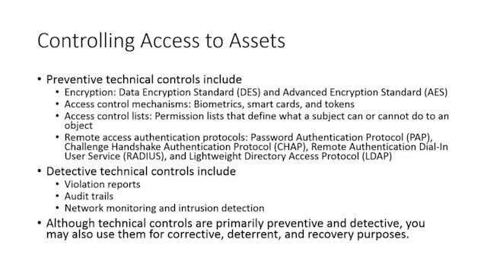Now, what about the detective technical controls? Well, violation reports, things that have happened, audit trails, huge, right? If you get called in, let's say you're a forensics analyst, or you help a forensics analyst, or something happened in your organization and you're the IT person, the security person, you're everything, come and find out what happened. The first thing you need to look for are those audit trails.